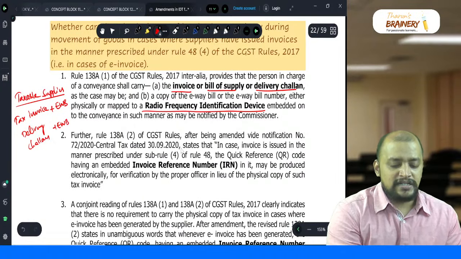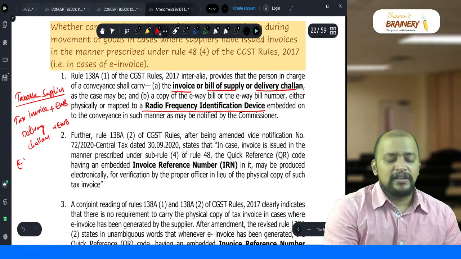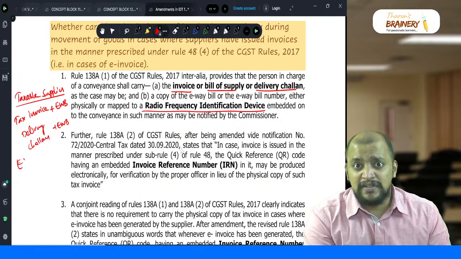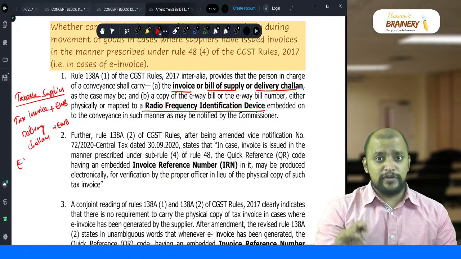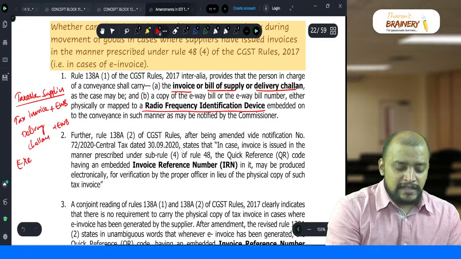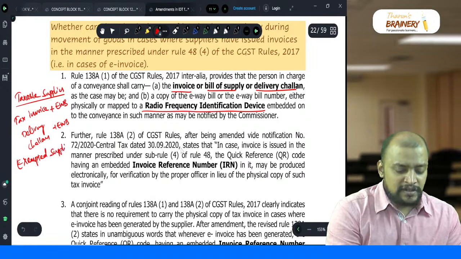Okay, whereas for exempted supplies, for services is e-way bill required? No, only for goods. We are talking about goods here. Okay, exempted supplies, exempted goods, only bill of supply.